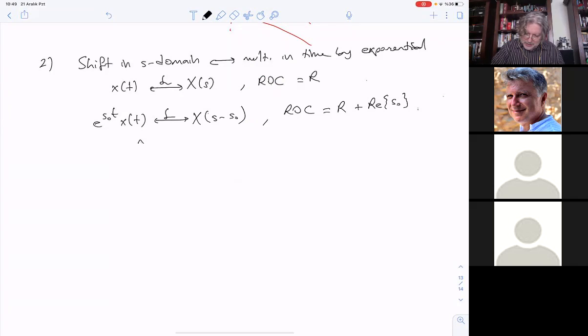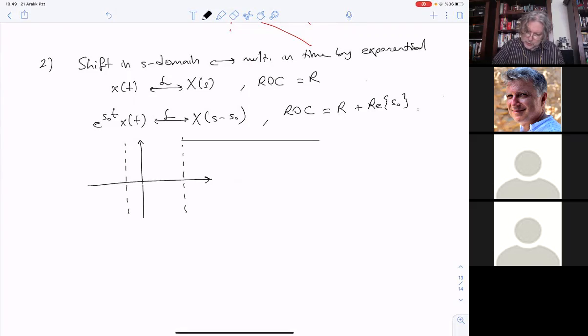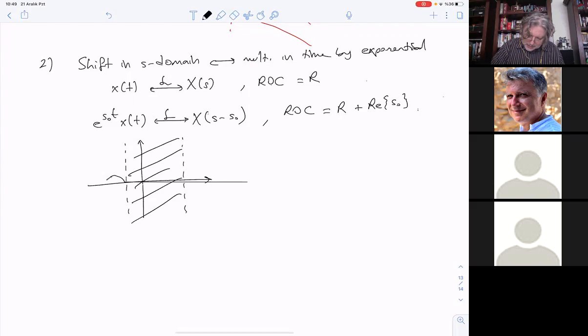So, for example, if you had two boundaries like this, and in between, let's say it's the region of convergence, with respect to the real part of S, it may be, let's say, moving to the left, both of them moving to the left to make some new region boundaries.